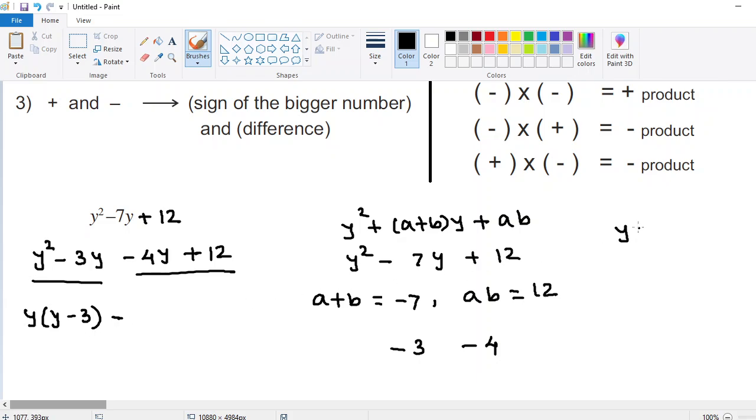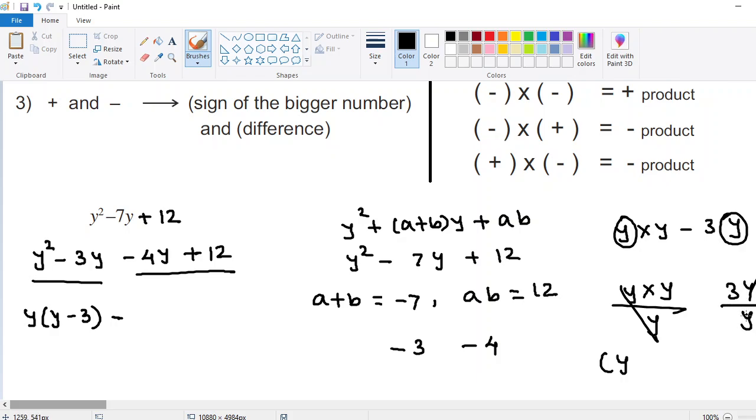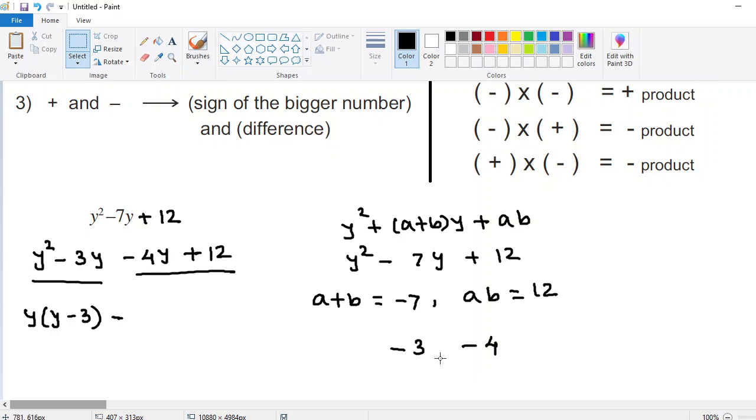We have here y square, that is y into y minus 3y. We divide both the terms by our common term. Y into y upon the common y, so we have y. Then this 3y upon y, this y will get cancelled and here we get the factor as minus 3.